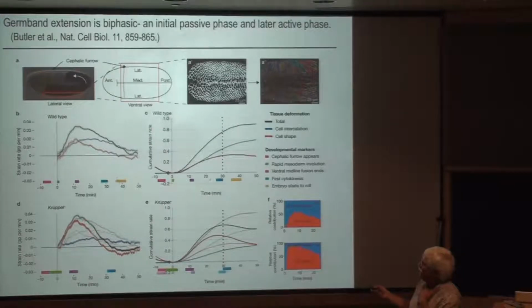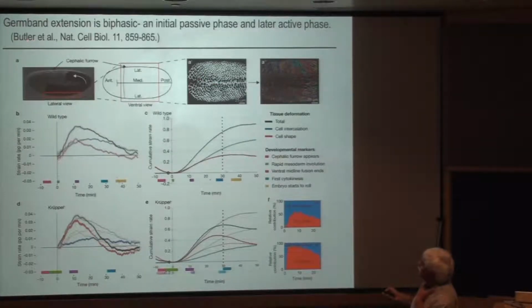Then later on it retracts. But in this germ band elongation phase, if you look at the ventral side, the cells intercalate with one another and make a pattern like this. If this is the middle of the embryo here, they go in both directions. But basically that's just where whatever you pick is the reference point. So you get convergence and extension by epithelial cell rearrangement.